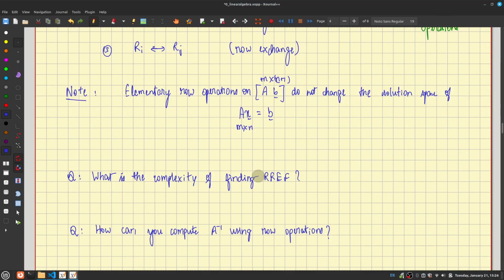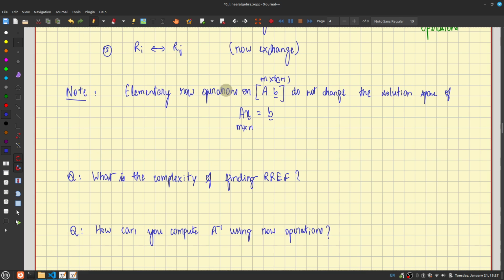So firstly, what is the complexity of finding the row reduced echelon form? Effectively, Gaussian elimination boils down to taking the augmented matrix and finding the row reduced echelon form, right? So how many operations?